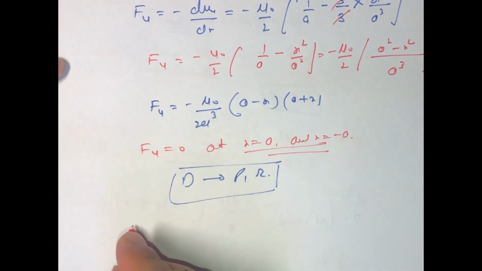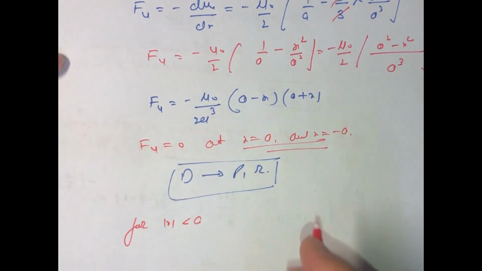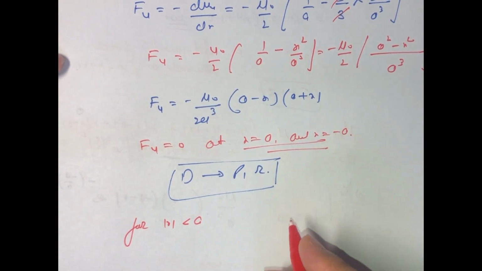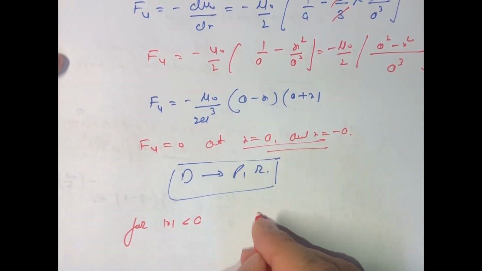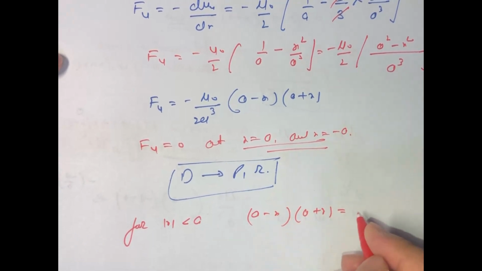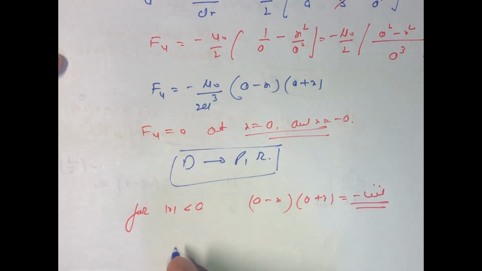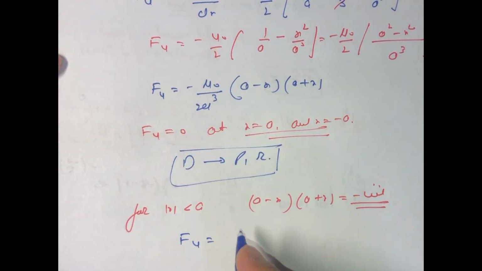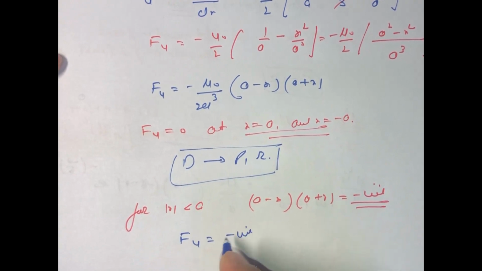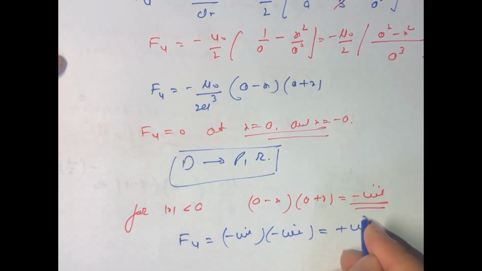So once again, we can say for modulus of x is less than a, the product of a minus x as well as a plus x will be negative. If the product is negative, from here we can say that F4 is having a negative multiplied by negative, which will be giving us a positive.